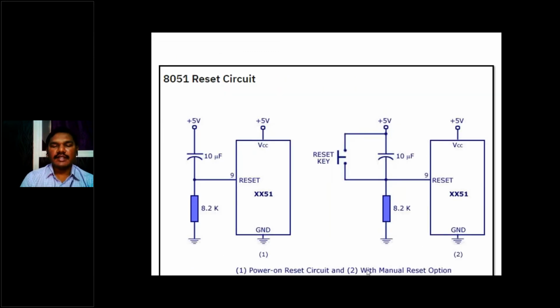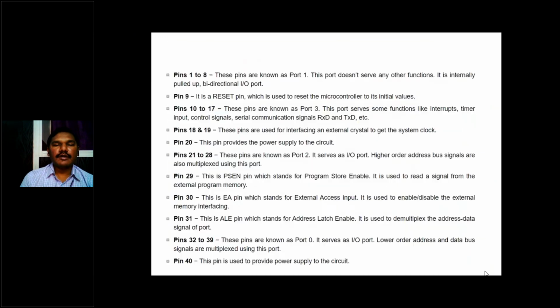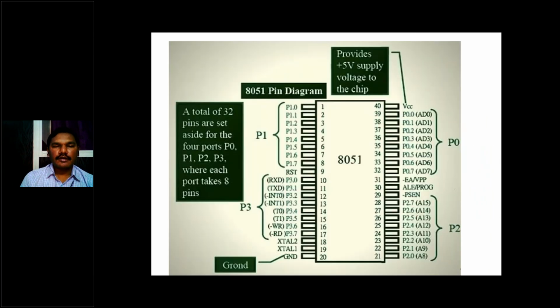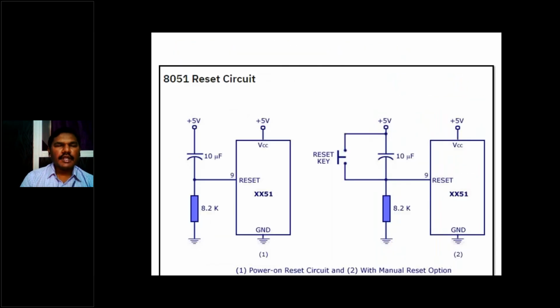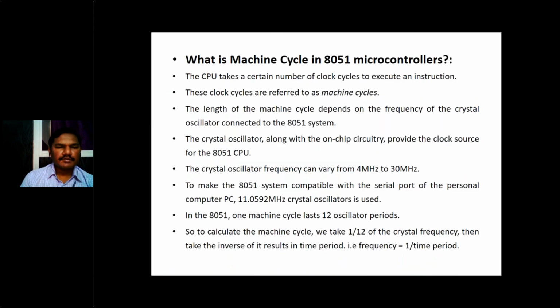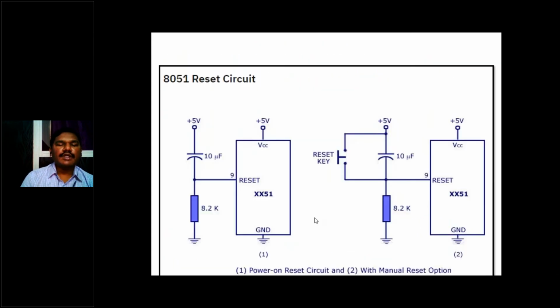And reset. There are two types of reset: one is power on reset, and the second is called manual reset. Power on reset means when you switch on, the system automatically resets all the registers to 00, the stack pointer to 07H, and the program counter to 0000.